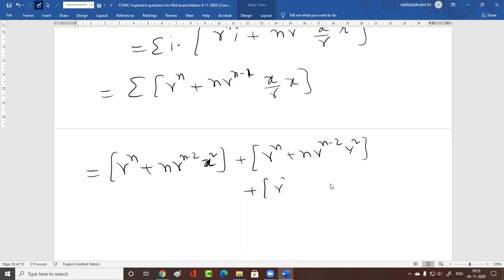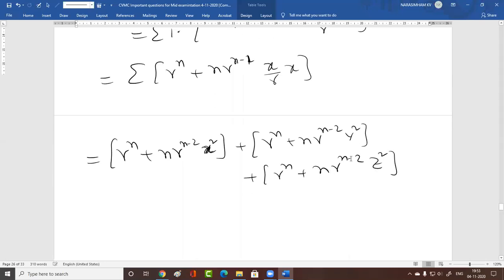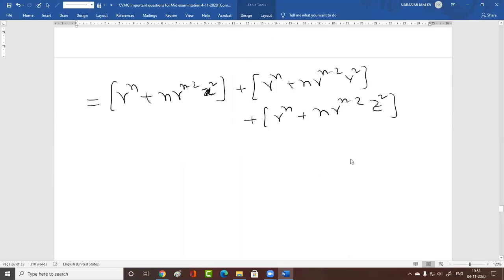Then r power n plus n r power n minus 2 into z square. Now simplification: 3 r power n plus n into r power n minus 2 is the common term in these three terms, into x square plus y square plus z square.